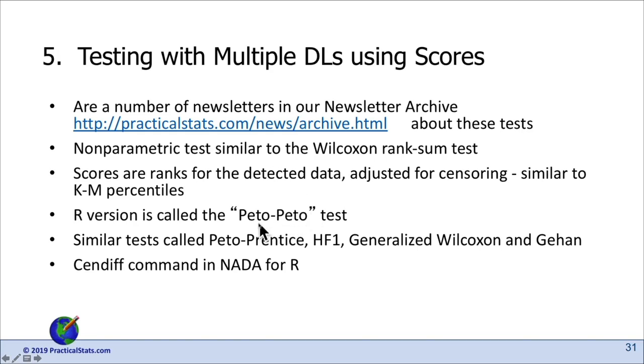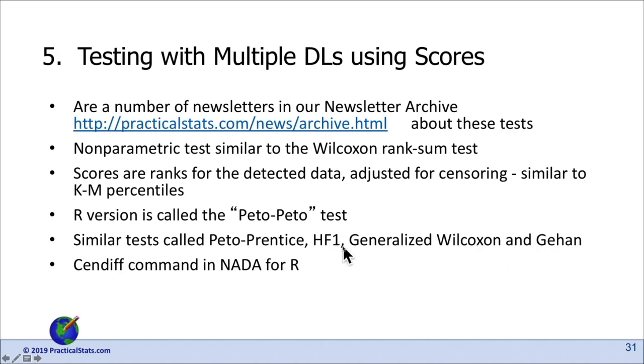So that kind of test, one of the names is the Peto-Peto test, and that's what's run in R. There's variations of these that really just change that test statistic slightly, the evaluation of what kind of percentile I'm assigning to these. And so those other names go by Peto-Prentice, generalized Wilcoxon, the Gehan test, and other names.